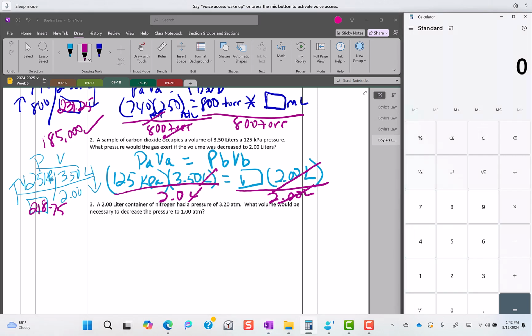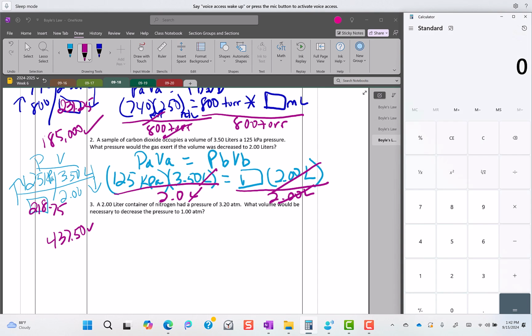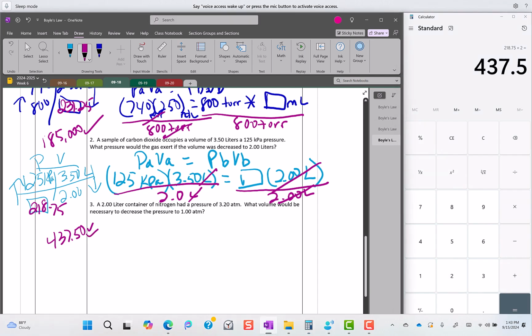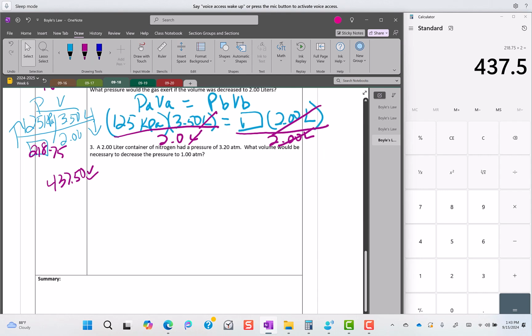Clear. So our check that we're doing, clear entry, 218.75 times 2.00 is 437.5. Double check. Yes. That's what they mean by double check. We're going to check it 2 times and make sure that we get 2 check marks.